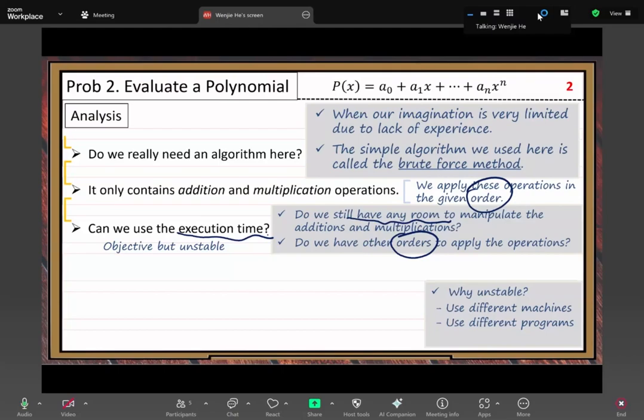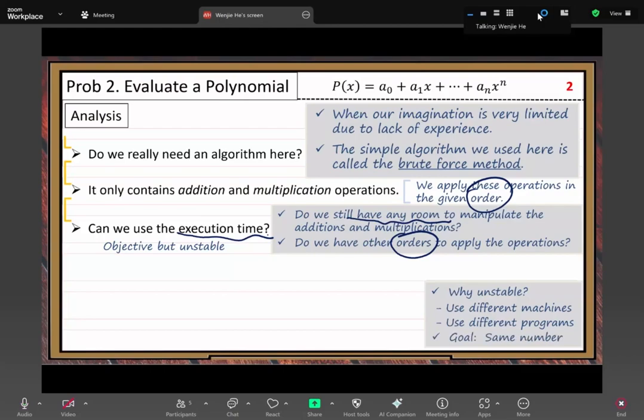Some code could run faster than other code. So from the software perspective, it's also unstable. So this is not a stable measure, so we should want to find a better, stable measure.